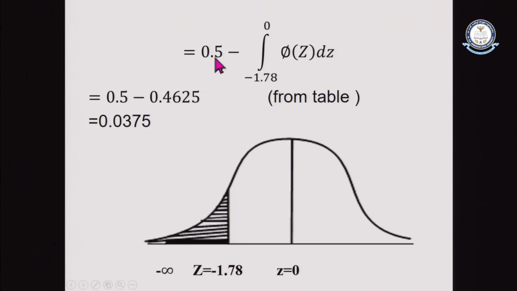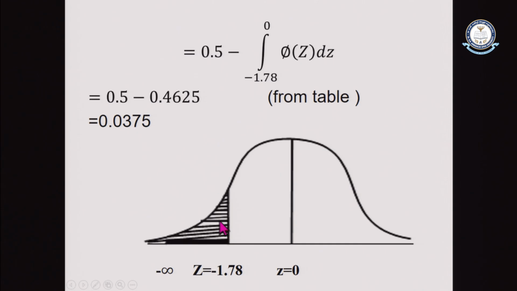We know the total area is 0.5. Here, by symmetry, we can change minus 1.78 to 0 into 0 to 1.78 also. So I apply the symmetric property, and from the table, 0.5 minus 0.4625 is equal to 0.0375. This is the area.